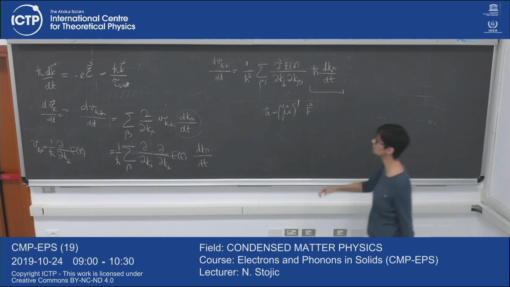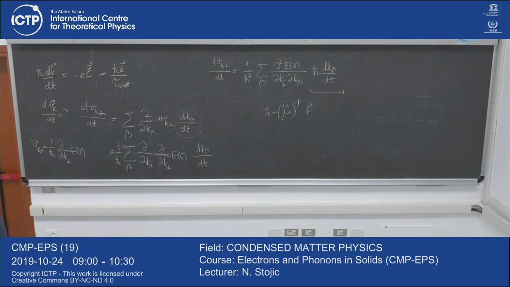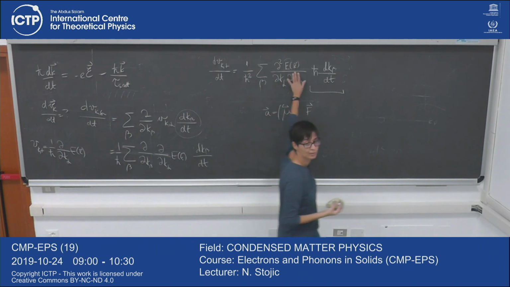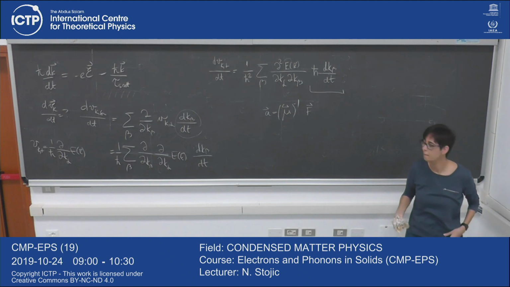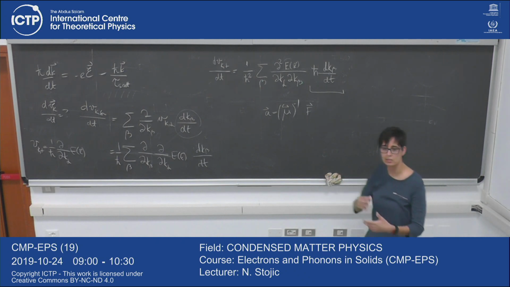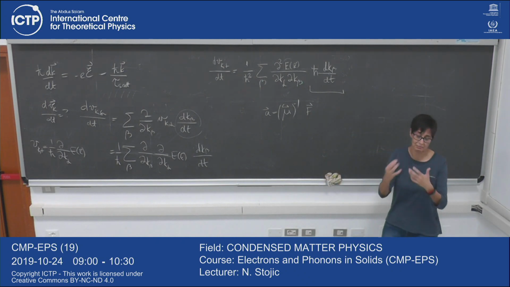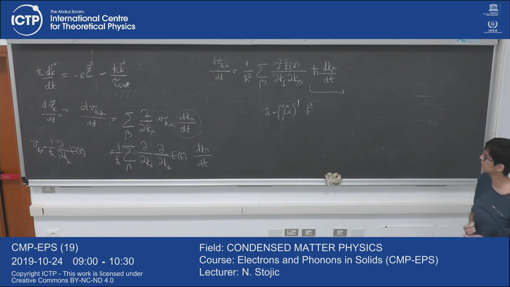So we are actually able to connect the acceleration of an electron in a band to the derivative of the energy, but this time the second derivative, which is not so surprising in a way. Velocity is the first derivative, this is the second. Somehow intuitively it's not completely off.